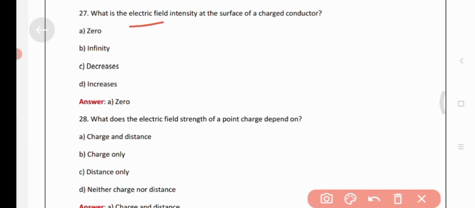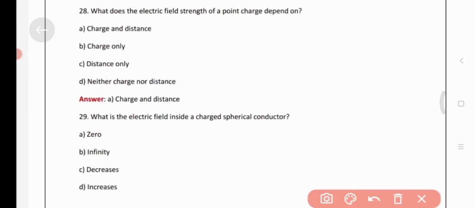What is the electric field intensity at the surface of a charged conductor? Option A, 0. What does the electric field strength of a point charge depend on? Option A, charge and distance.